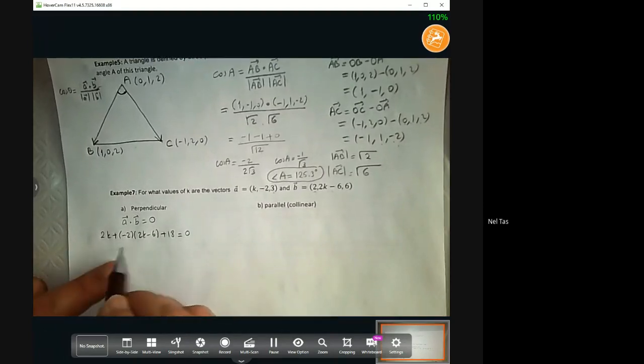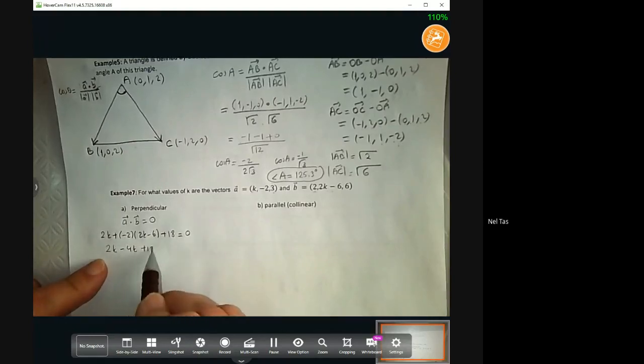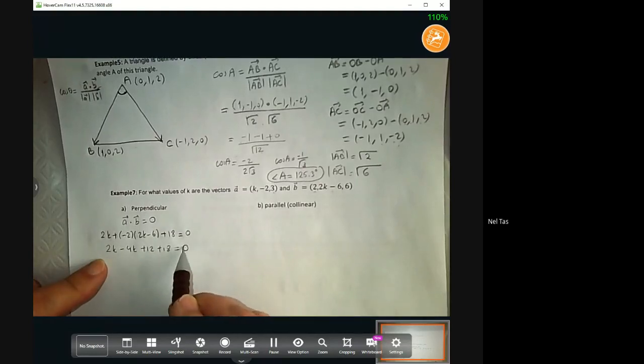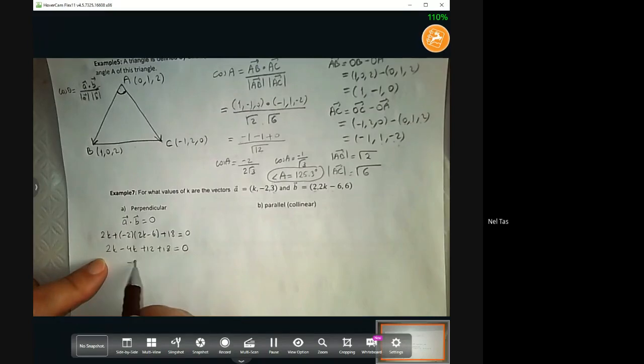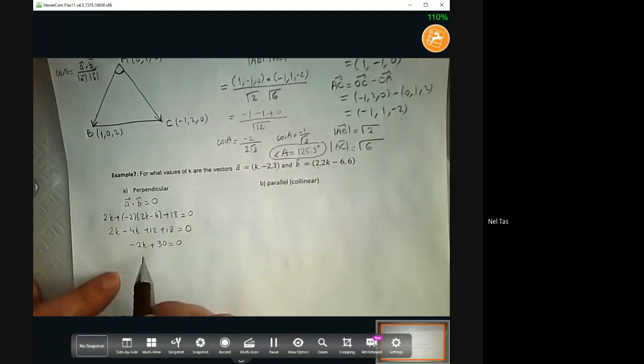So we have 2k minus 4k plus 12 plus 18 equals 0. So negative 2k plus 30 equals 0, so 2k equals 30, and we get k equals 15.